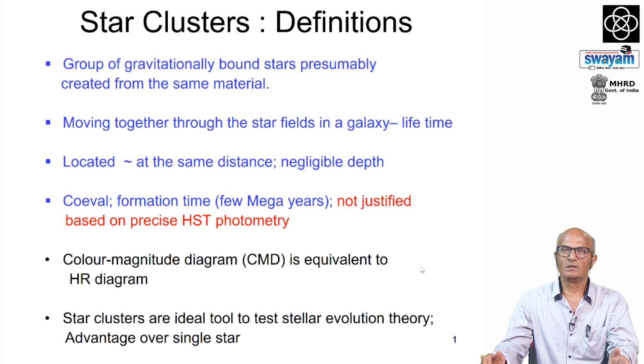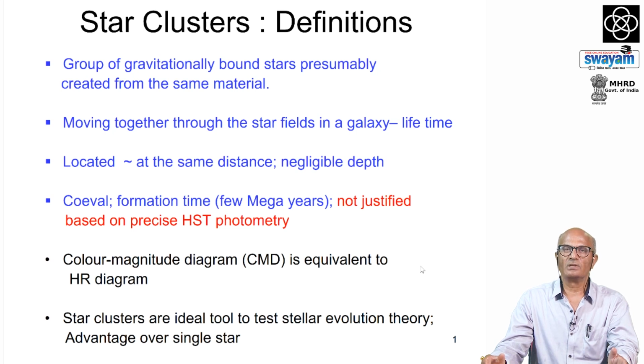But recently Hubble Space Telescope observation and precise photometry have clearly shown that this coeval formation of all the stars in a cluster may not be justified. In fact, it reveals there are several epochs of star formation. So, this is new information about star formation processes in star clusters.